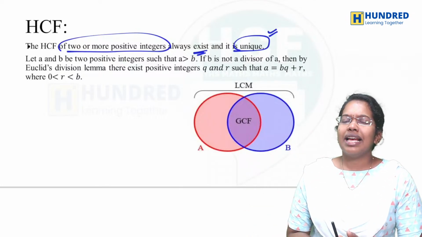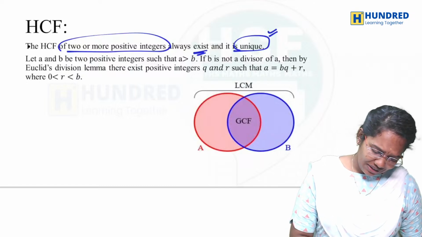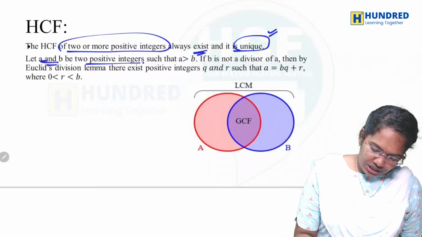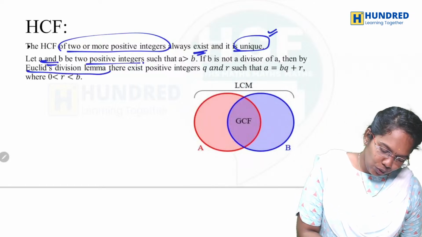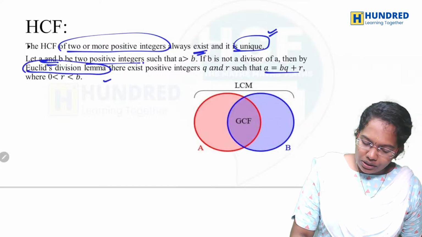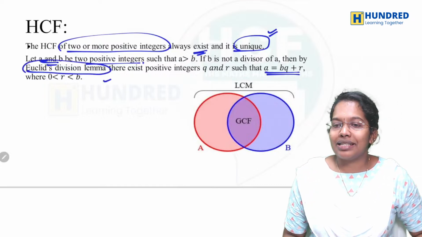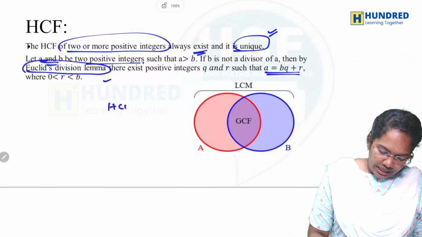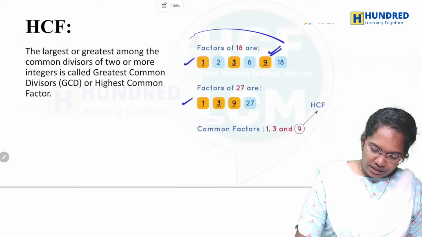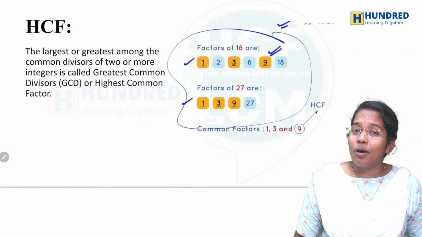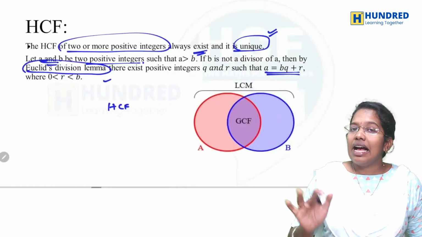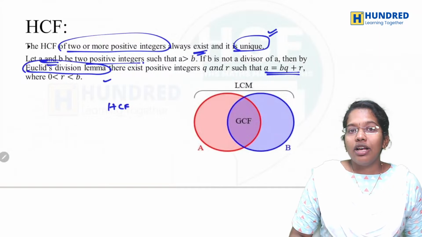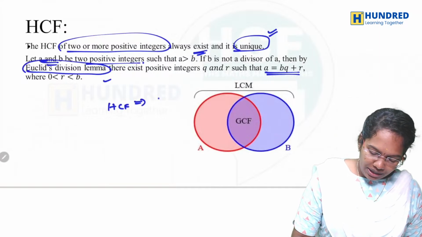Okay. So it's given that any two positive integers can be expressed by Euclid's division lemma, which is of the form A = BQ + R. Normally we find HCF either by identifying the factors, then identifying the common factors and finding the highest among them all. That is the normal method by factors.